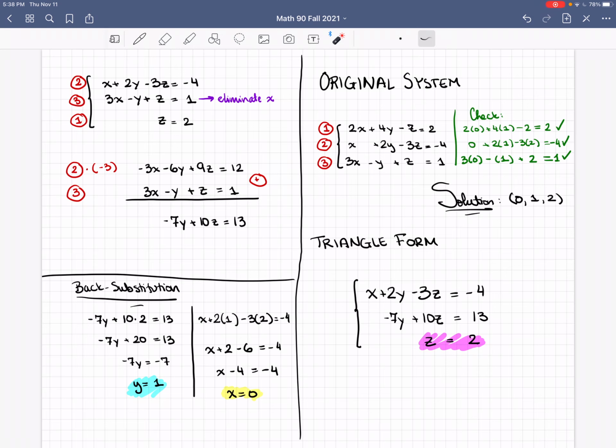I'm going to make a quick video after this one, just doing one other example, because the process of putting a system into triangle form can be a little bit overwhelming and it takes some practice and getting used to.